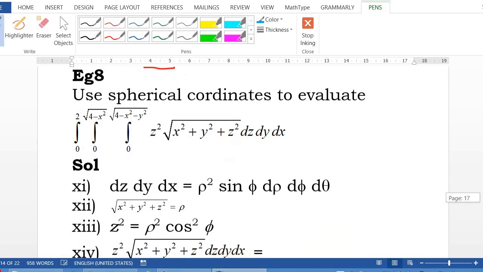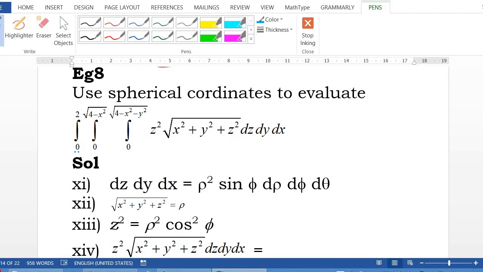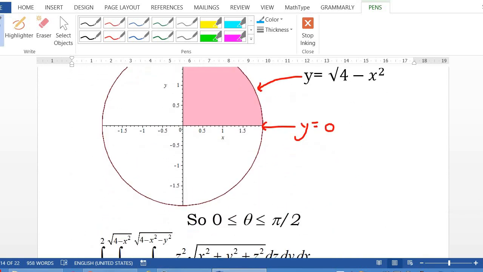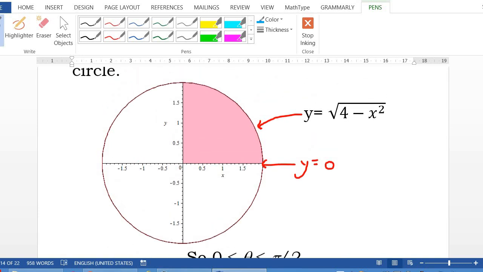Example 8, still the same, but now x is from 0 to 2, y from 0 to square root of 4 minus x squared. The limit for z is still the same, so you still have the same upper hemisphere. However, the projection, dy dx here, tells you y from 0 to square root of 4 minus x squared. This is y equal to 0 until y equal to square root of 4 minus x squared.